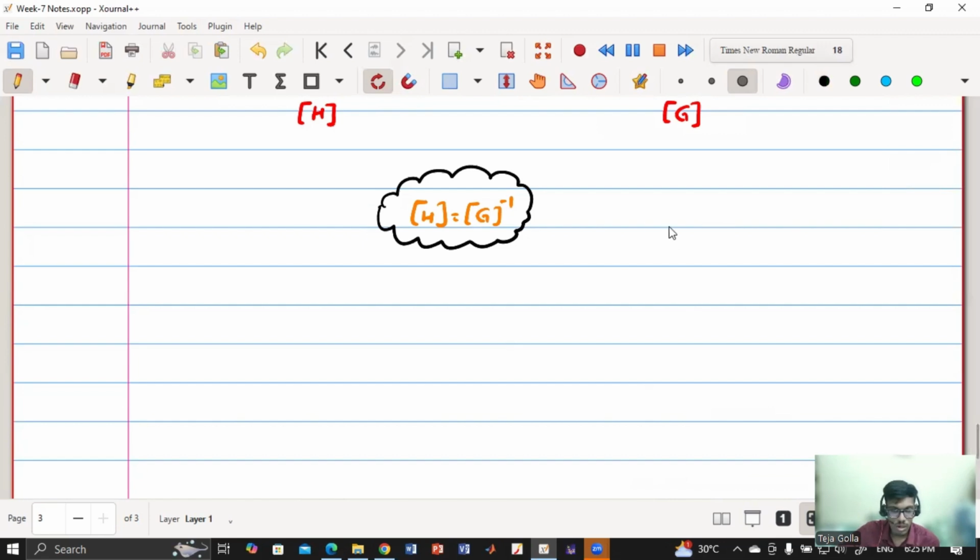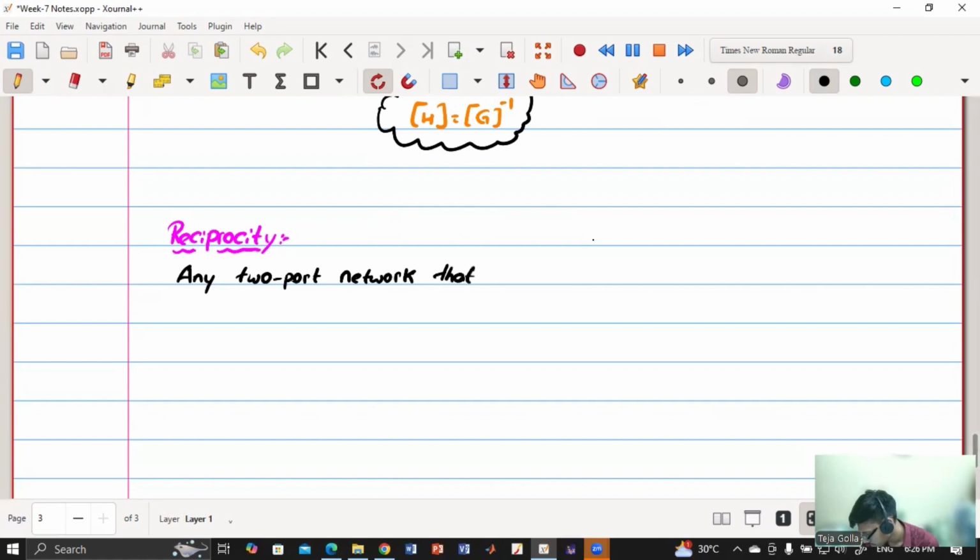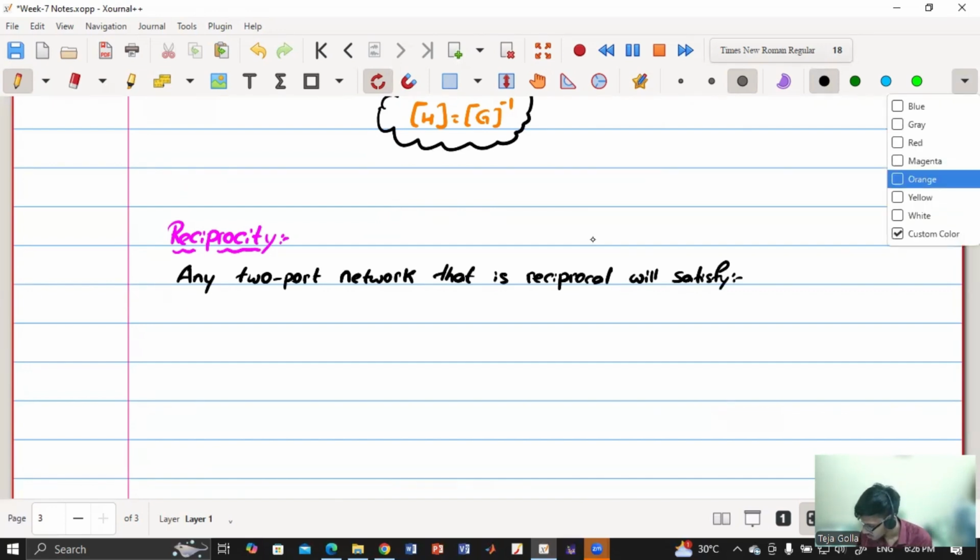Okay. I'll also not go into the proof of reciprocity because sir has covered that thoroughly in his lectures. I'll only touch upon the results of reciprocity. Any two-port network that is reciprocal will satisfy these conditions.